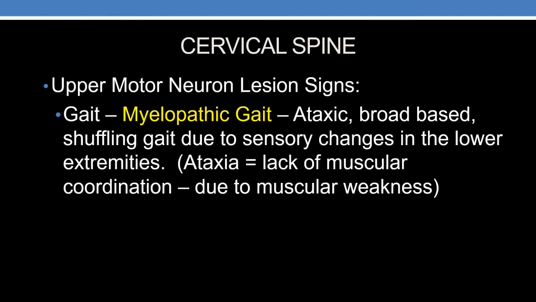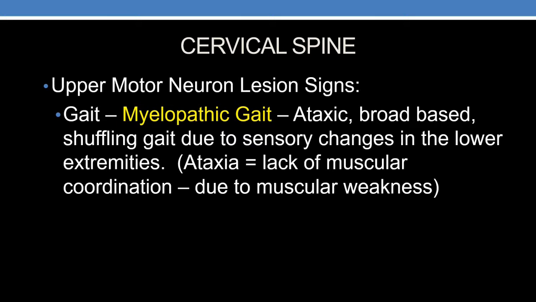We've talked about disruption of descending motor pathways and disruption of ascending sensory pathways, both of which are required for normal gait. So considering only the descending motor pathways, we talked about at least 6 to 8 different descending motor tracts that contribute to coordinated muscular function.